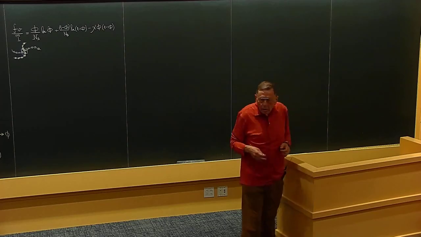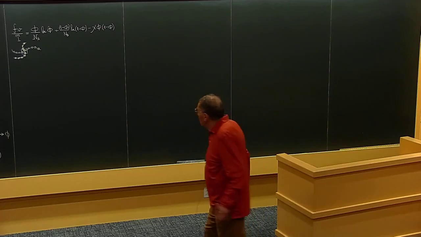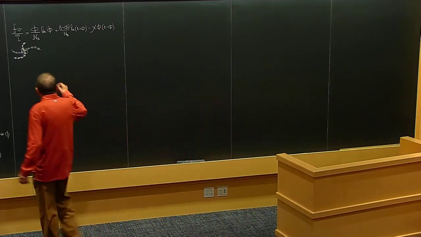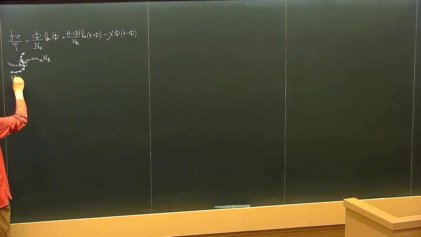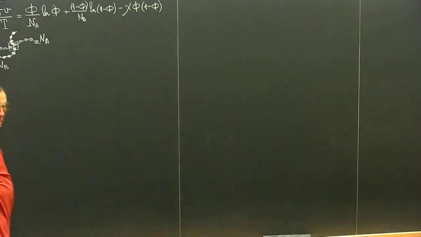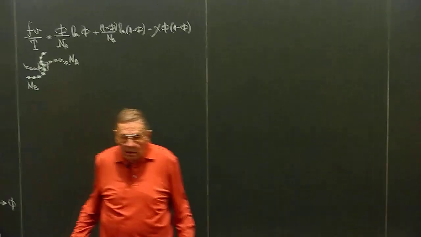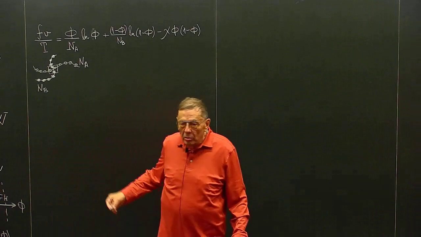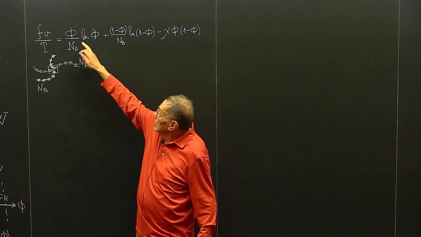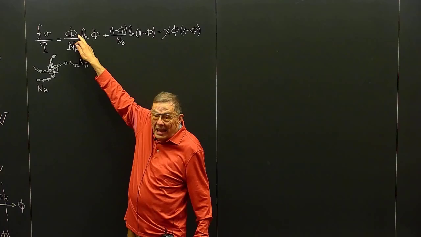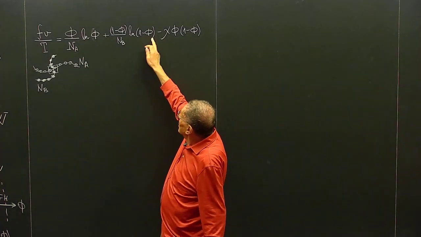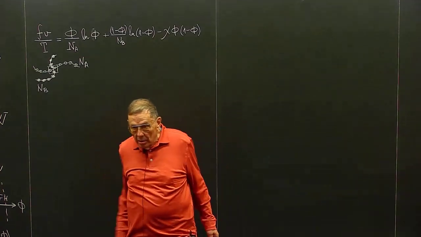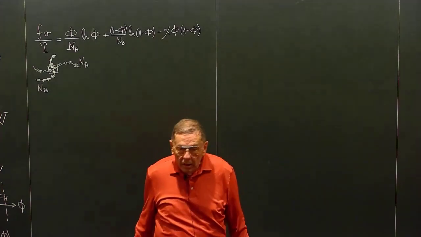What are NA and NB? NA is the number of units in this polymer, and NB is the number of units of that polymer. And I imagine that the whole thing is full of these polymeric materials, such that phi is phi A, the volume fraction of A material, and 1 minus phi is phi B. What is F?